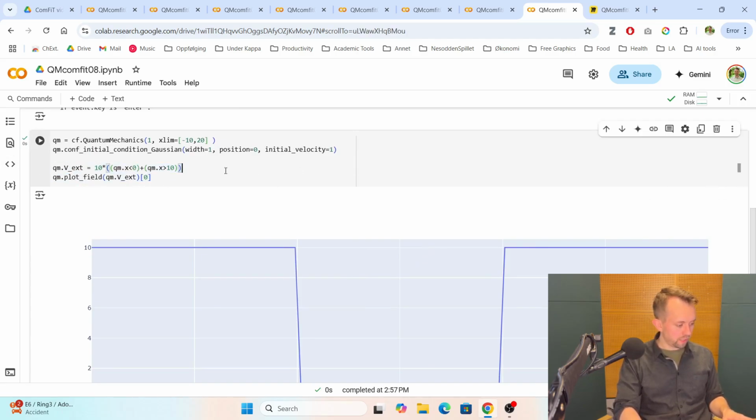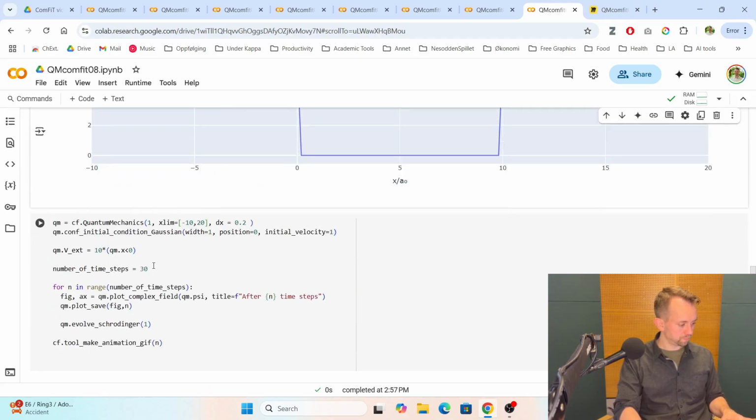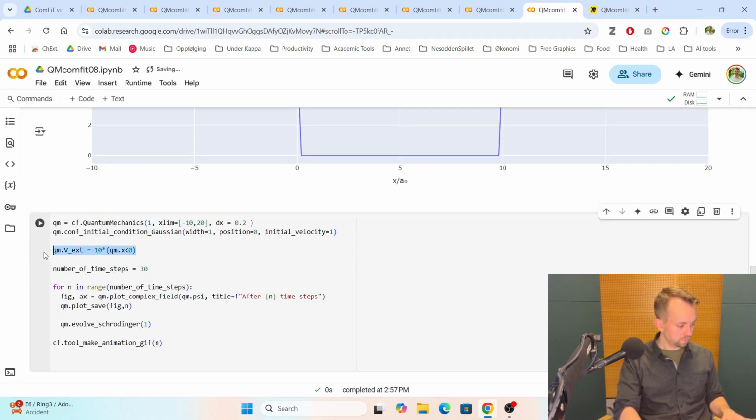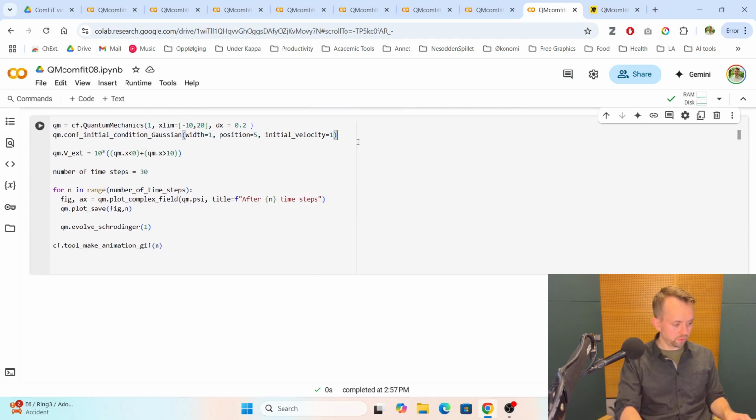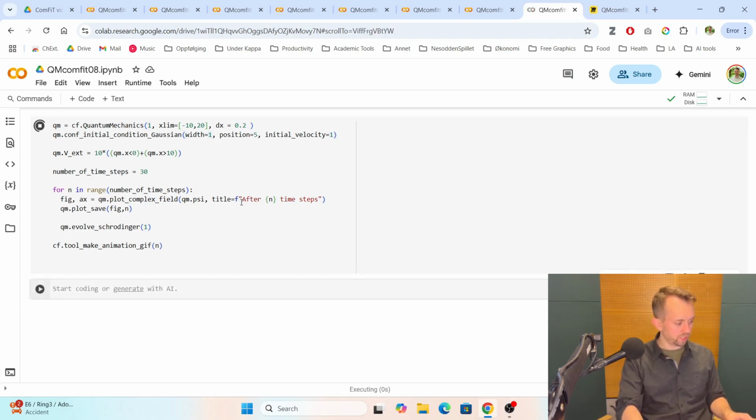Okay, so now I have the potential, and I have placed a Gaussian. Well, my Gaussian now is placed central at here. So I'm actually going to put it in the middle, so at 5, and then give it an initial velocity of 1. So let's just try this and see what happens.